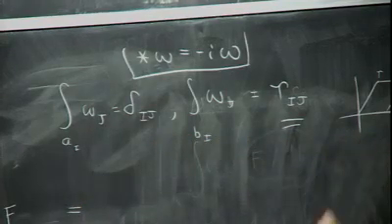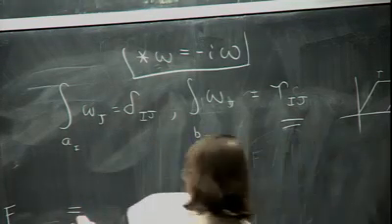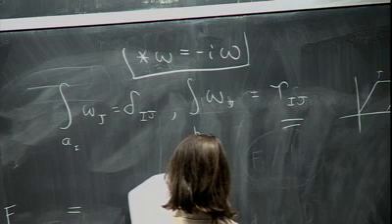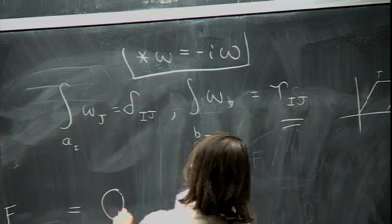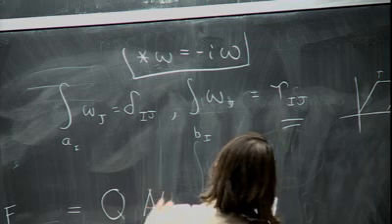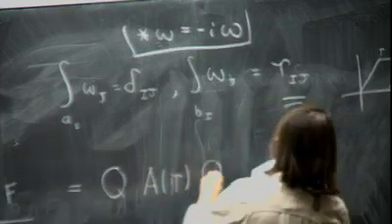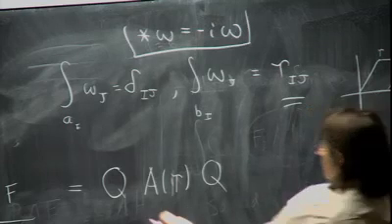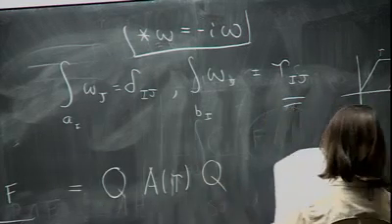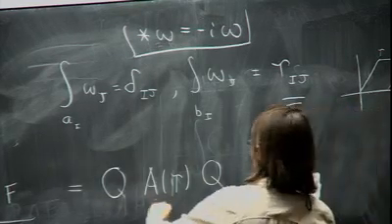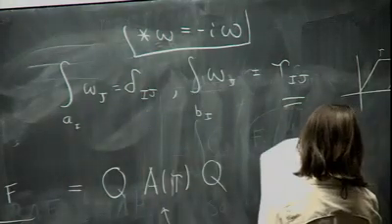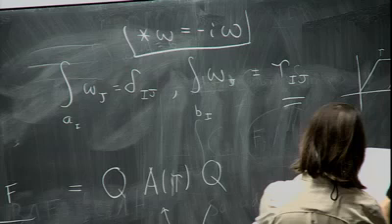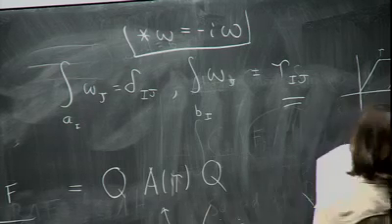I'm quoting a few mathematical facts for you here, but I hope at least the gist of it is coming across. So you can do that, and you get a nice answer for the potential energy in terms of a vector of flux quantum numbers and some matrix that depends on the complex moduli. So I can write this out for you.